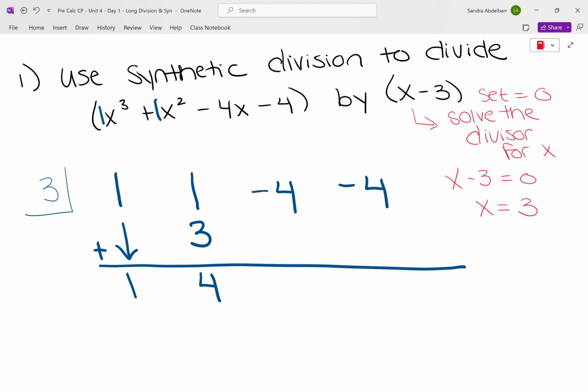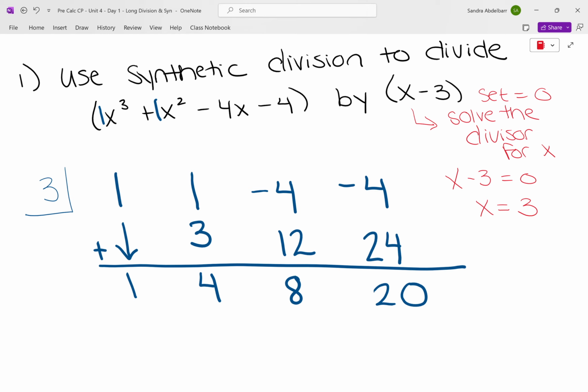Now you take what's under the line and multiply it with the 3. Exactly. 4 times 3 is 12. -4 plus 12 is 8. You take the 8, multiply it with the 3. 8 times 3 is 24. -24 plus 4 is 20.